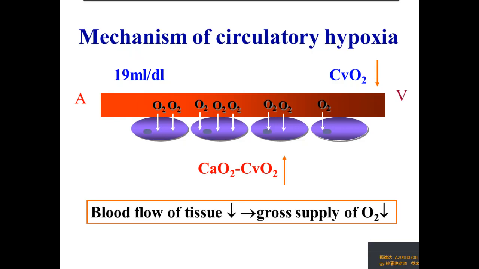Now it is because it decreases, so in venous blood, in 100 millimeters venous blood, oxygen decrease. So oxygen content in venous blood decrease. Now color. What color?